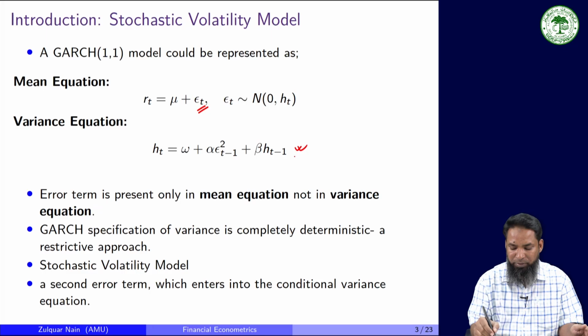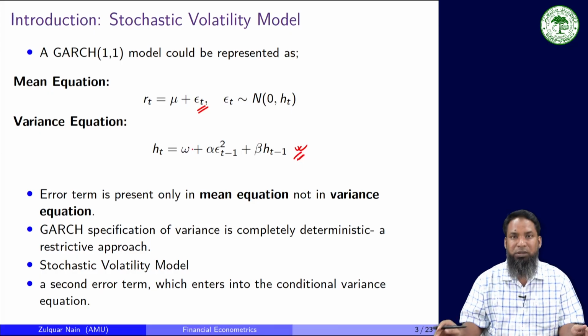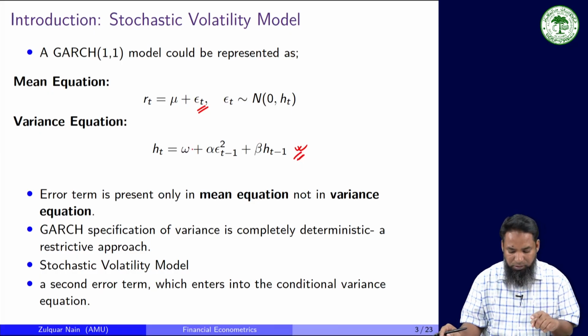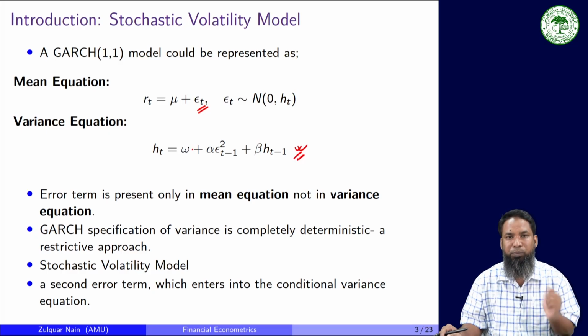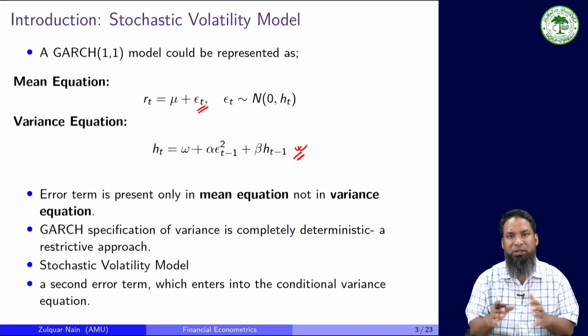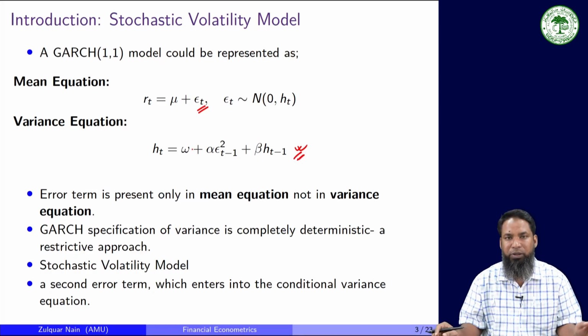Because we do not have any error term, and these parameters determine the variance, which is quite a restrictive approach. Here we are assuming that variance is deterministically determined. It does not depend on a stochastic component. So this is a very restrictive approach we are adopting here.